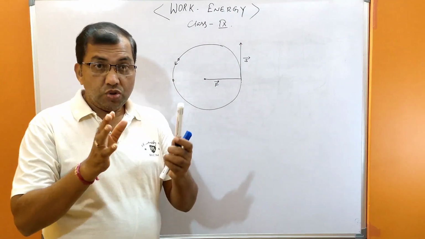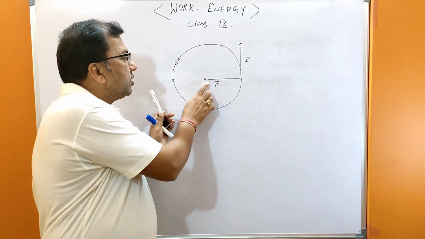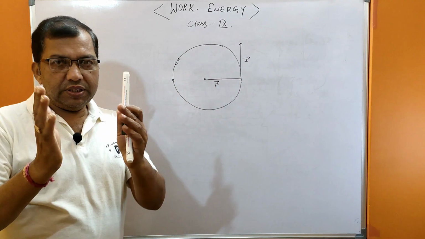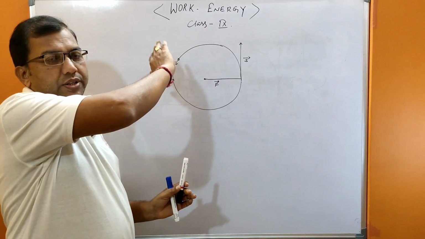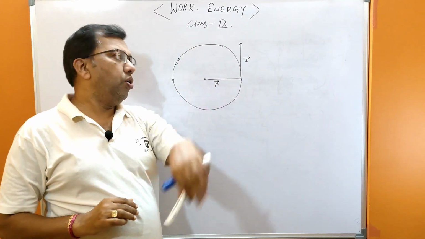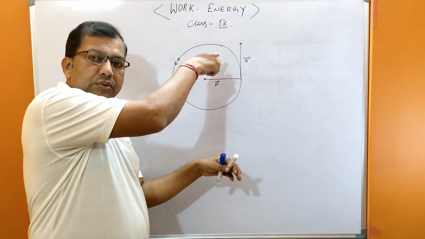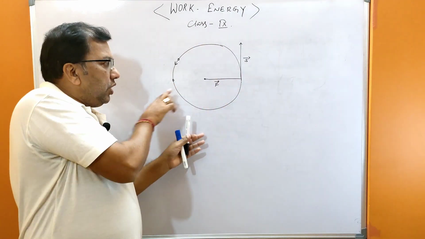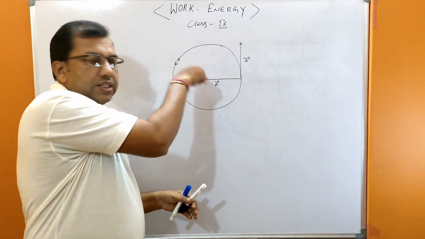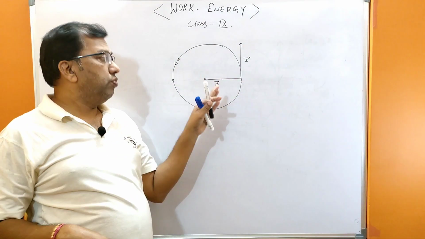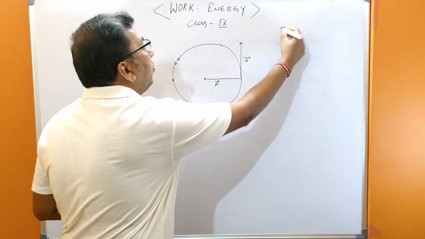The force acting on the stone is always towards the center of the circular path. This force is known as the centripetal force.